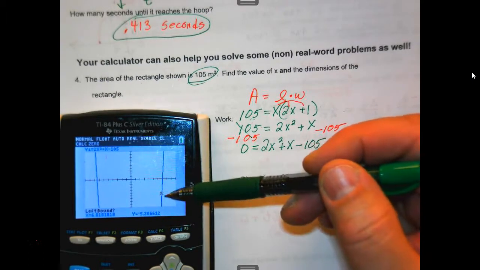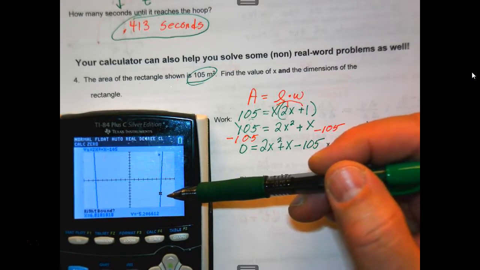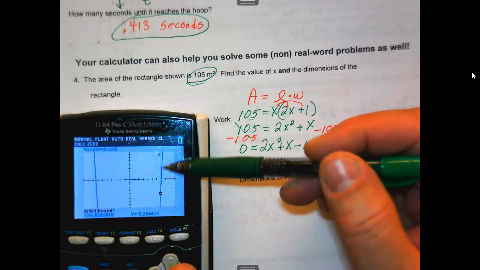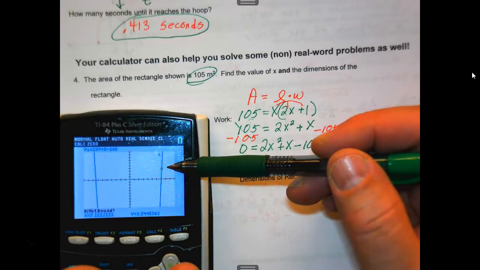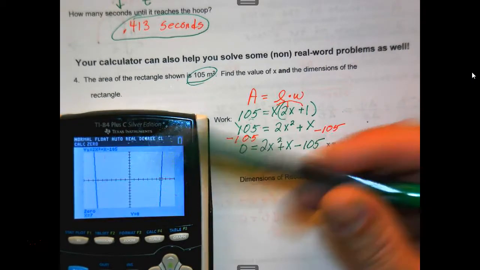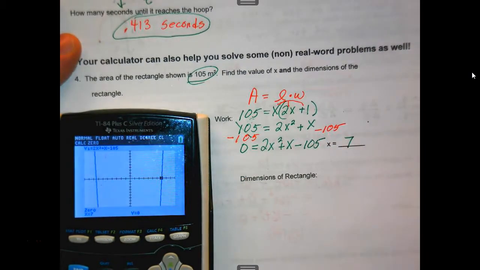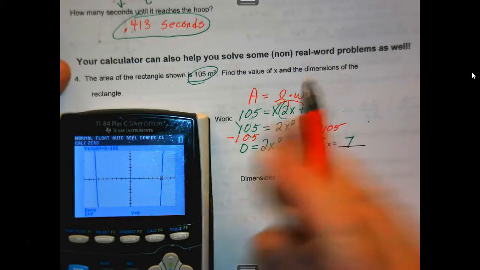To the left of that point, it's asking me left bound. I'm going to hit enter. Now I want to get to the right of that, so I got to go above the line, hit enter, and enter again, and my x happens to be 7. Okay? My x is 7.